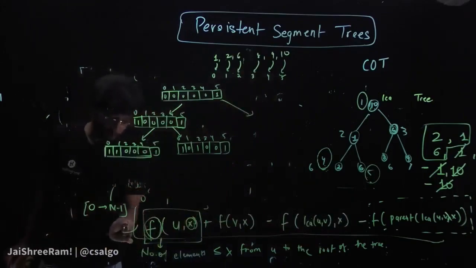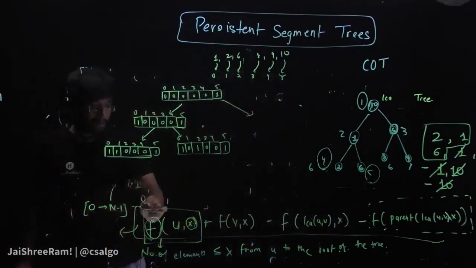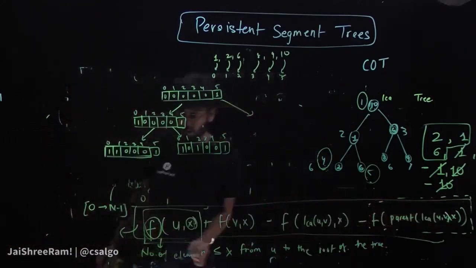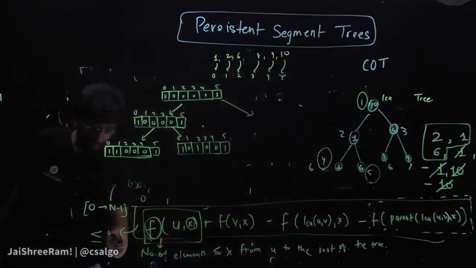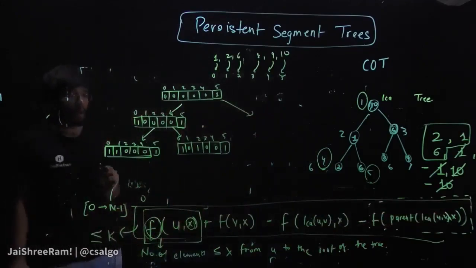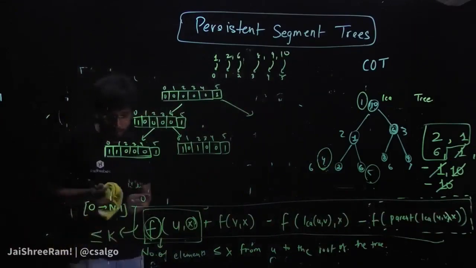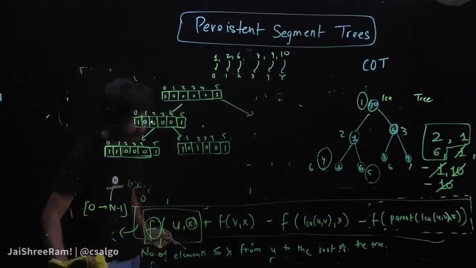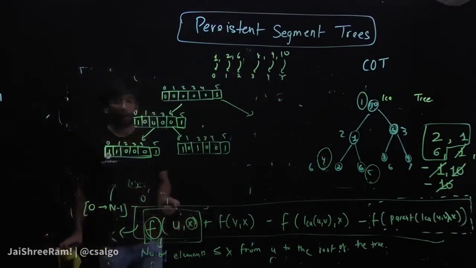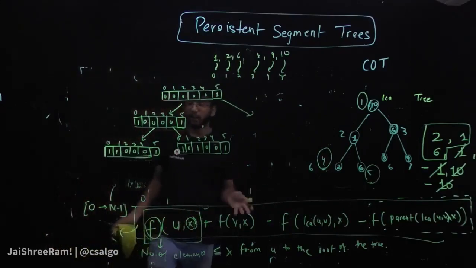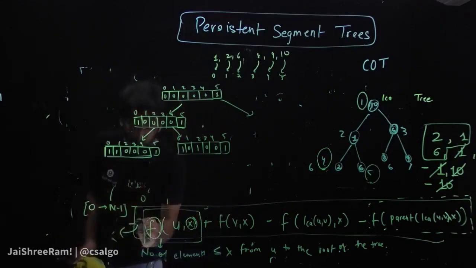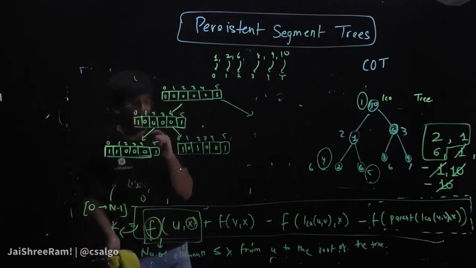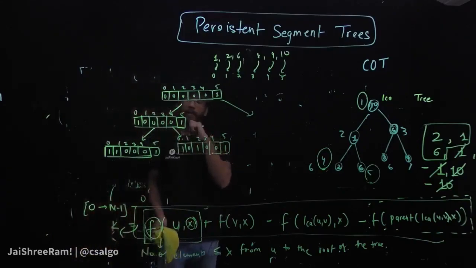This entire thing should give me a value less than or equal to k, or basically if I want the kth element, then this entire thing should be equal to k, I guess.